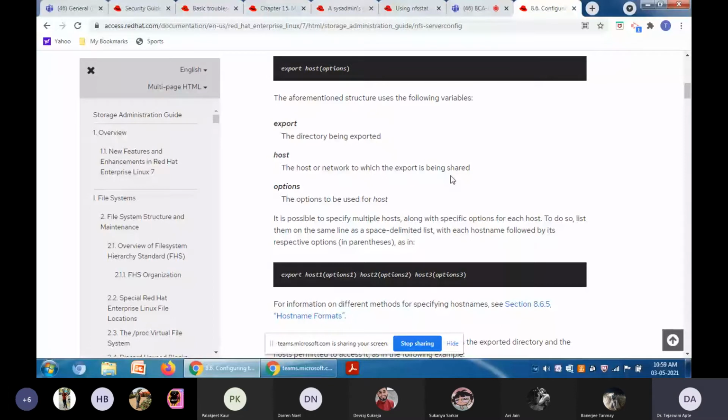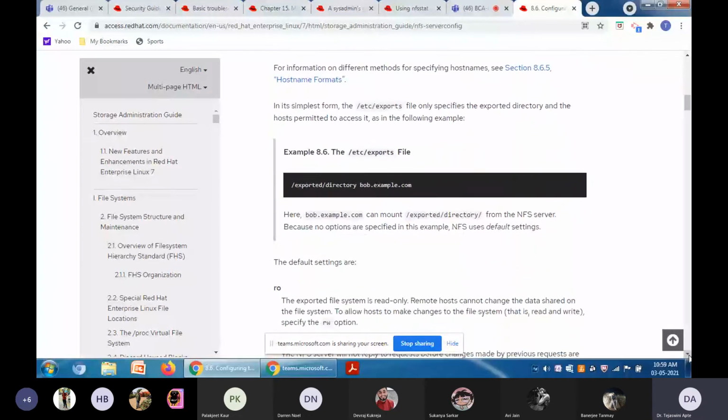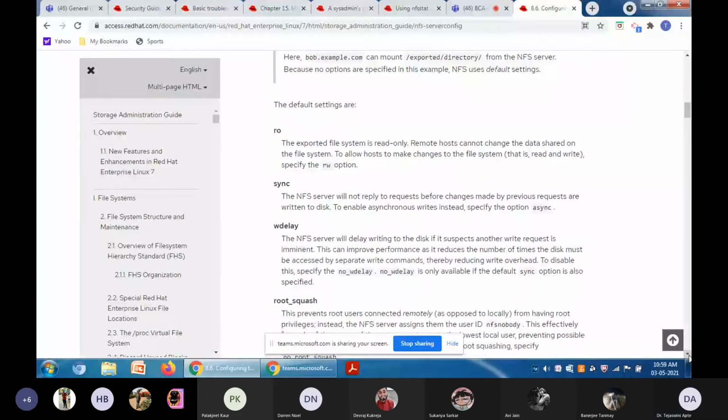Now, the third part is going to be the options. Please just focus on what I'm saying. The option is going to be read only. Read only means the file system is read only. You can always see the data, but you cannot change it.